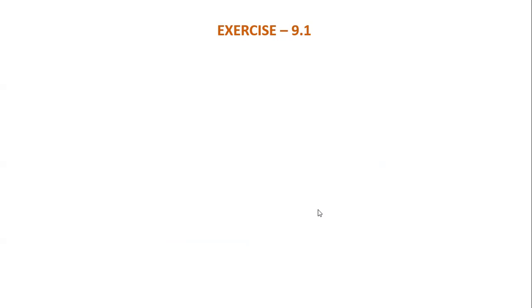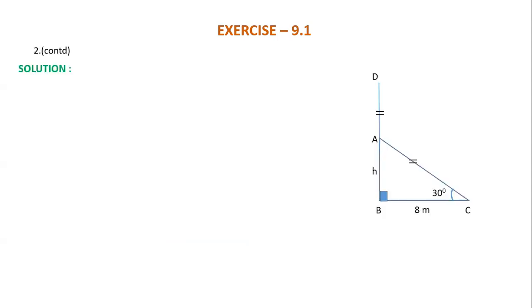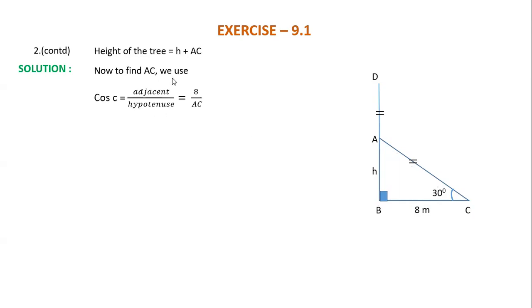Now to continue with the question. This is the figure again. Height of the tree is H plus AC. So you have to find AC also. Now to find AC, we use cos, adjacent upon hypotenuse.